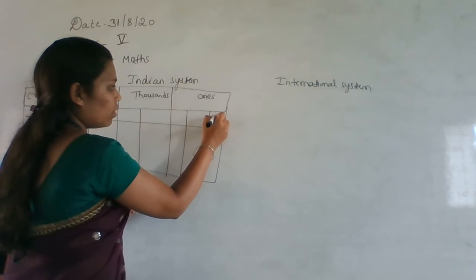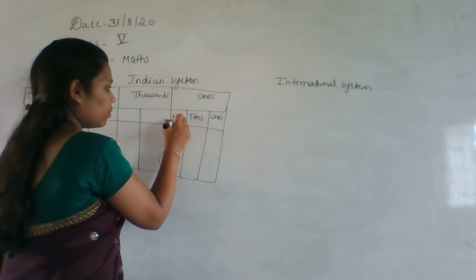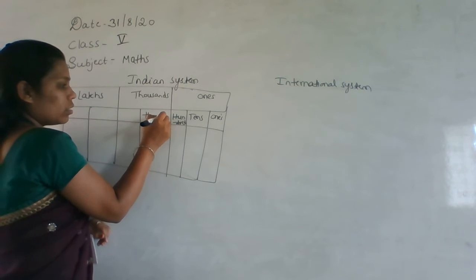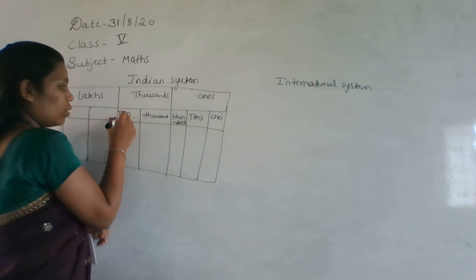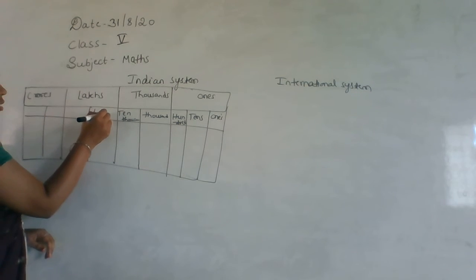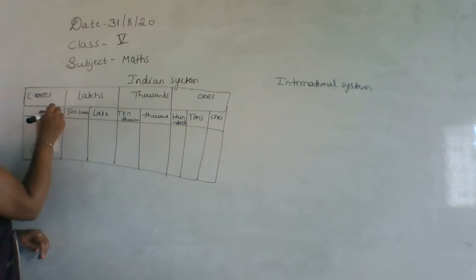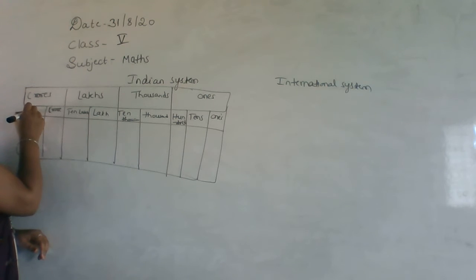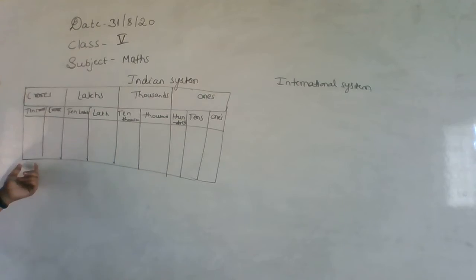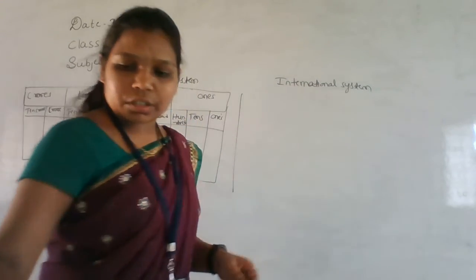Here ones, tens, hundreds. Right? So here thousands and 10,000s, and here lakh and 10 lakh, crore, 10 crore. Okay, this is the Indian system of enumeration, and here I am going to write the international system of enumeration.